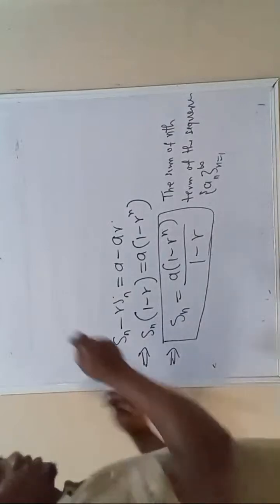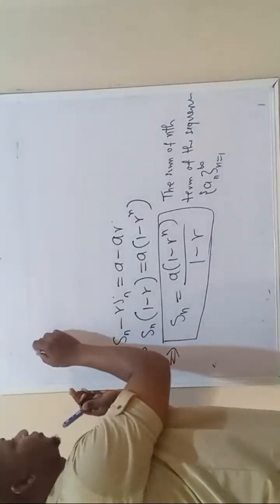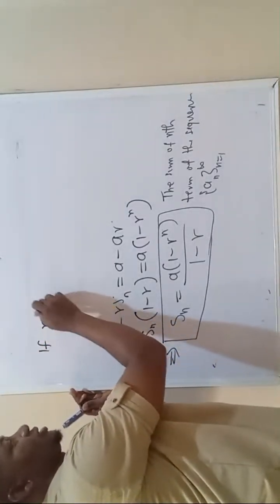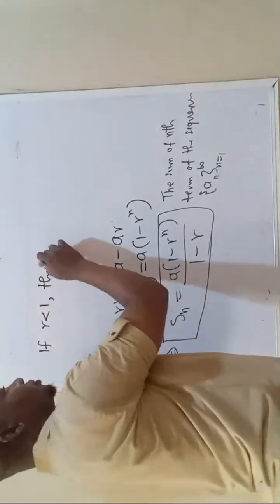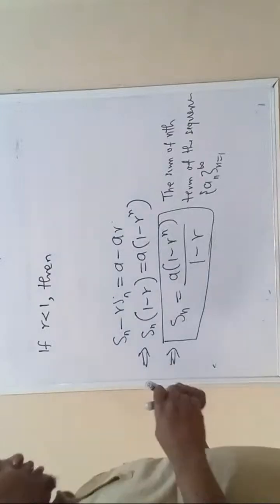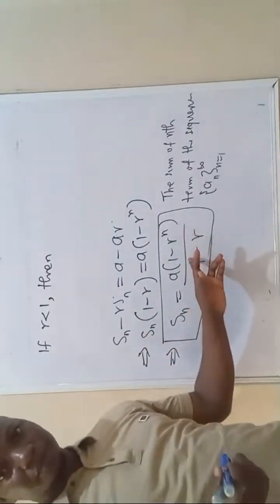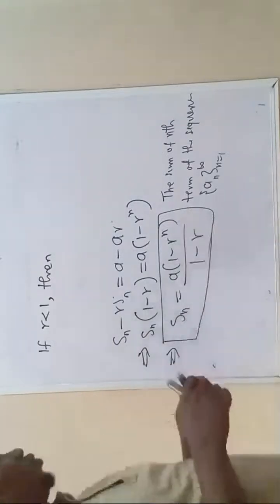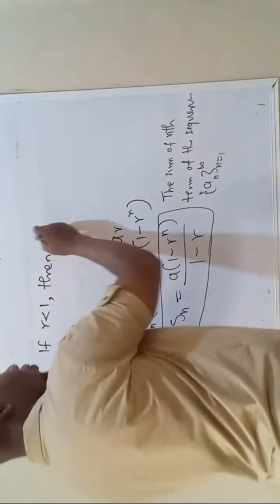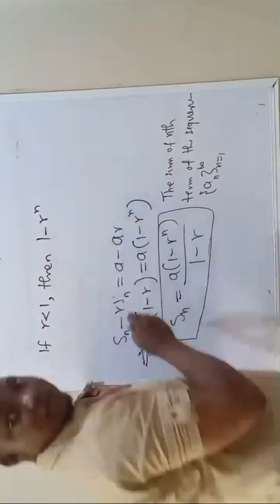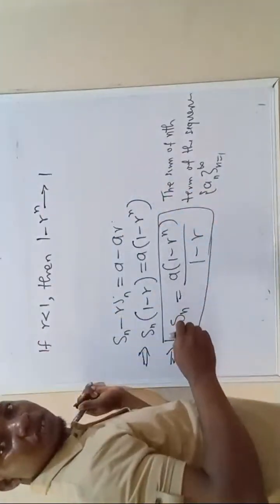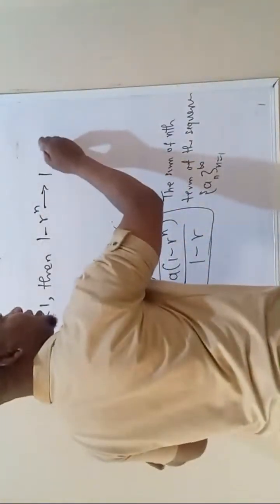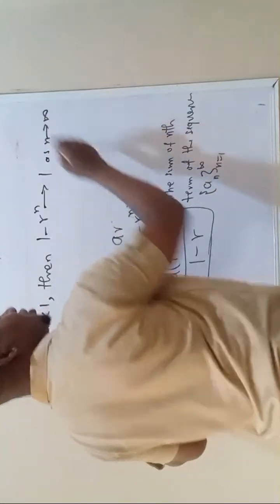What you are saying here is this: if r is less than 1, then the term at the numerator here, 1 minus r raised to the power of n, equals 1 as n becomes large.